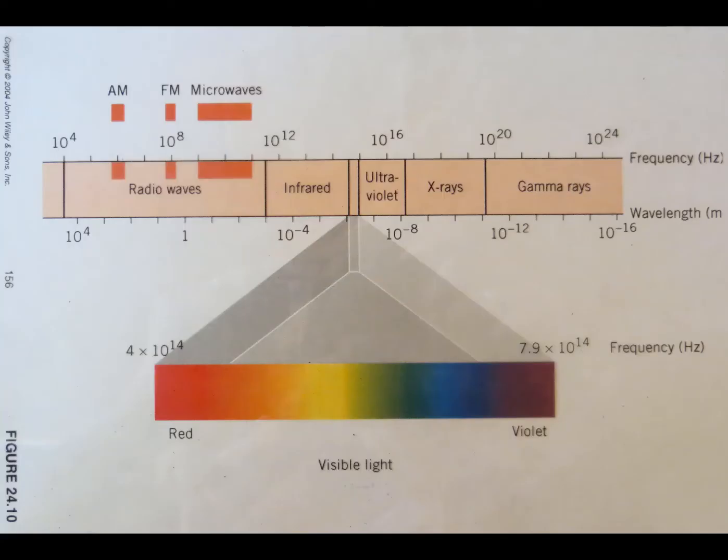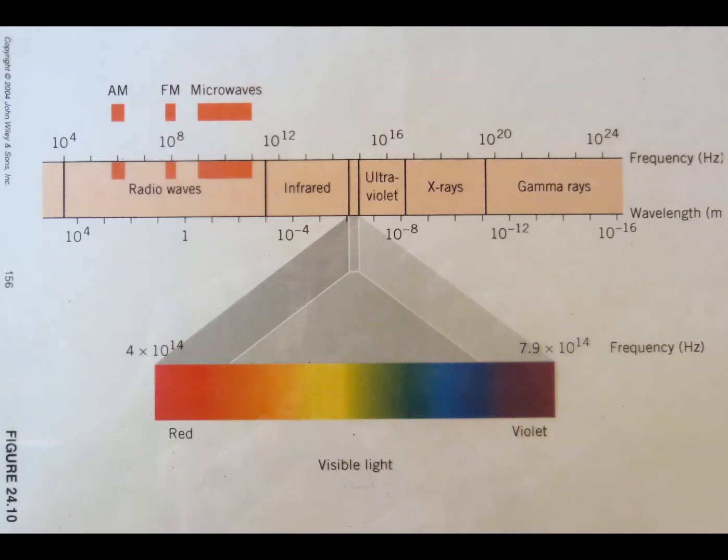Here's a diagram that shows all sorts of different electromagnetic waves, where the frequency of those waves is shown up here on the top of the plot, and the wavelength is shown on the bottom. But for any of those waves, you can always multiply the frequency and the wavelength, and you'd get the same value, c, 3.00 times 10 to the 8th meters per second.